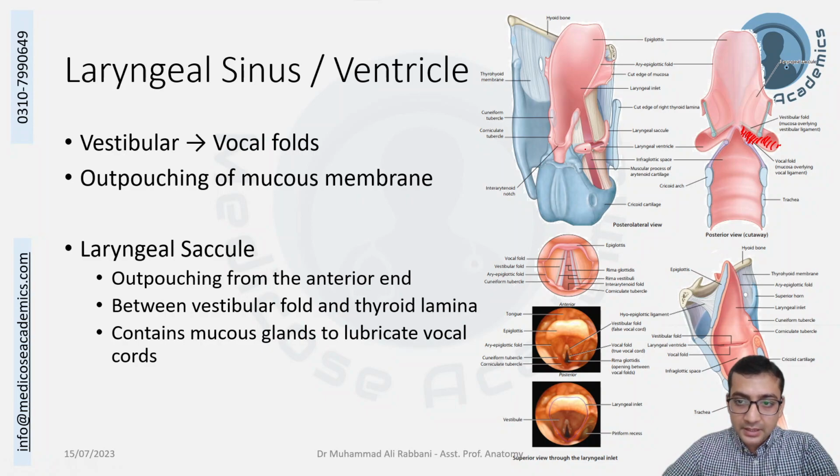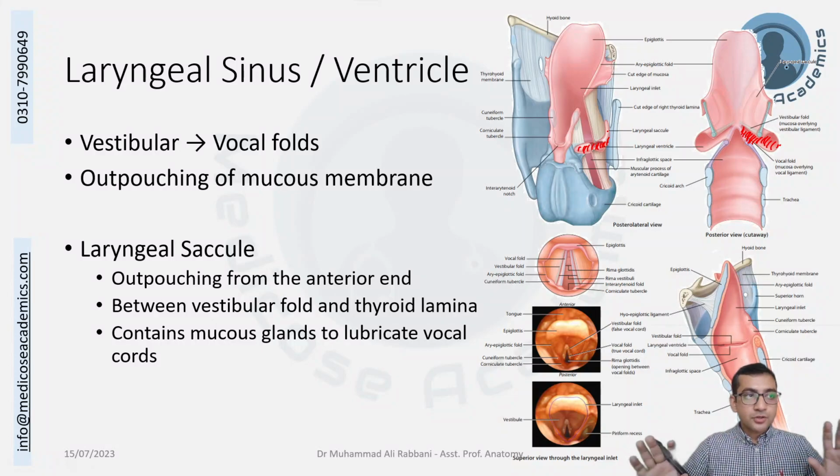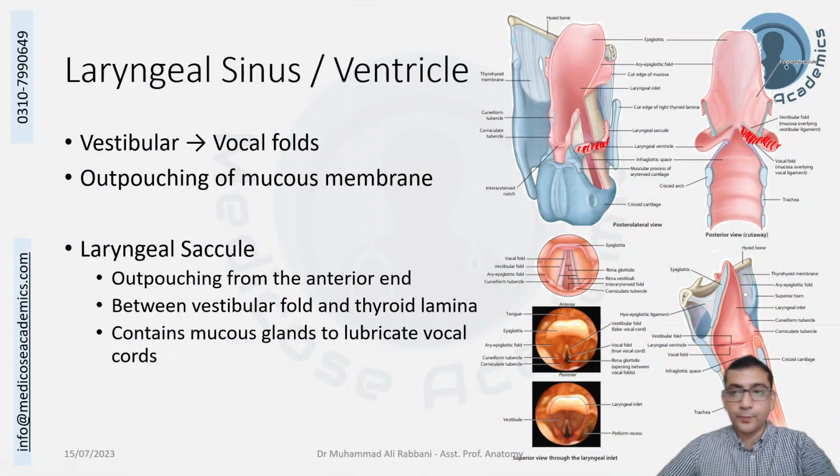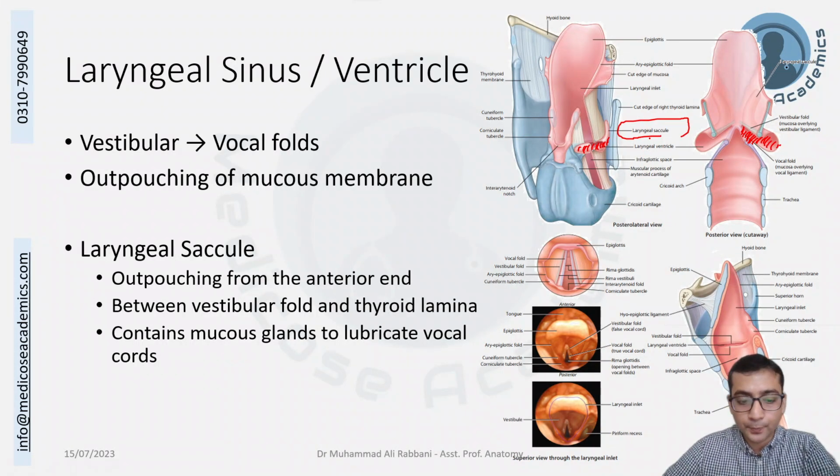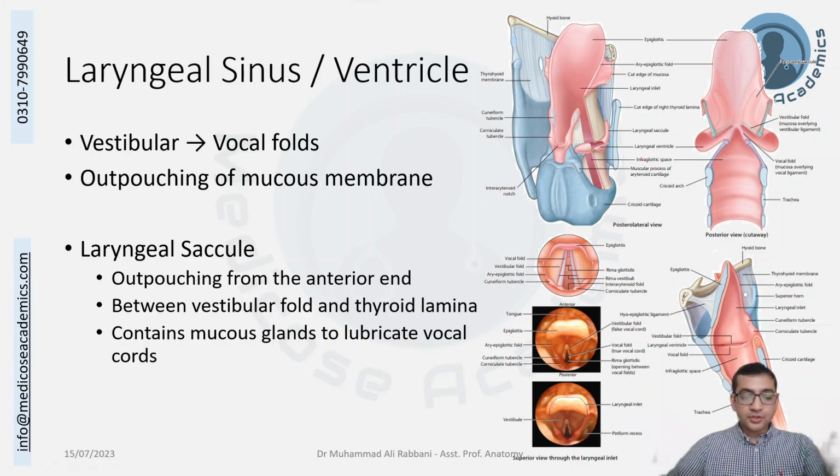This space between them outpouches laterally. This is the ventricular sinus, and after pouching outside it also goes anteriorly. This anterior extension is known as the laryngeal saccule. It lies between the vestibular fold and the thyroid membrane and thyroid cartilage laterally, and the quadrangular membrane medially.